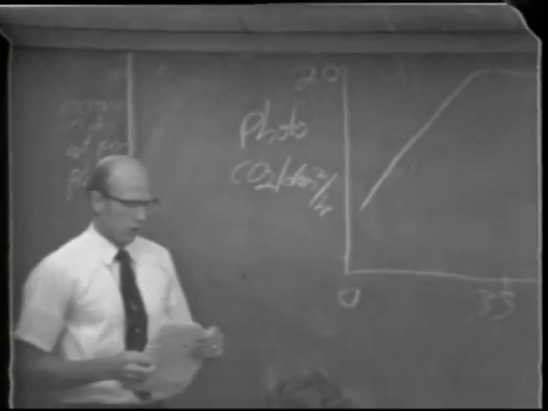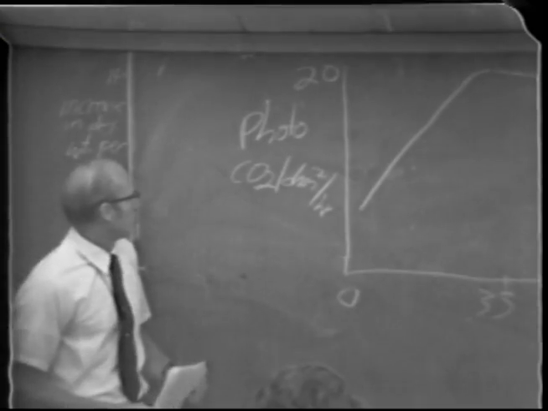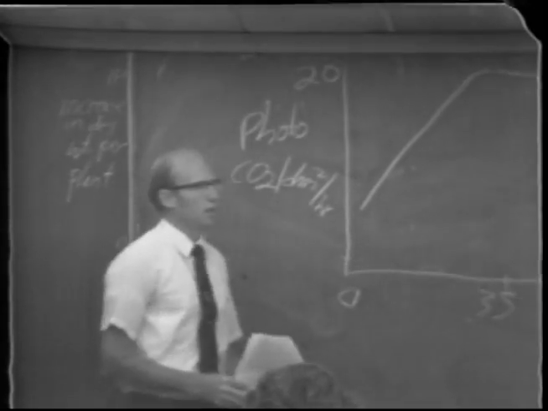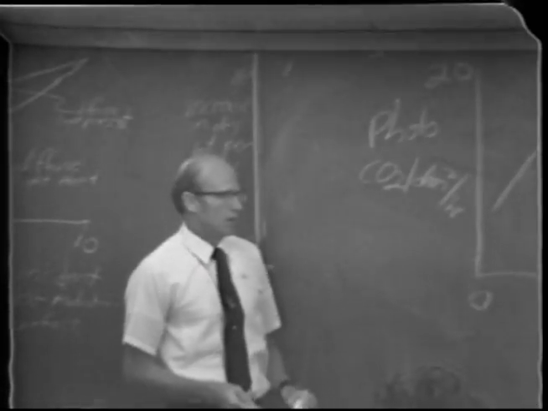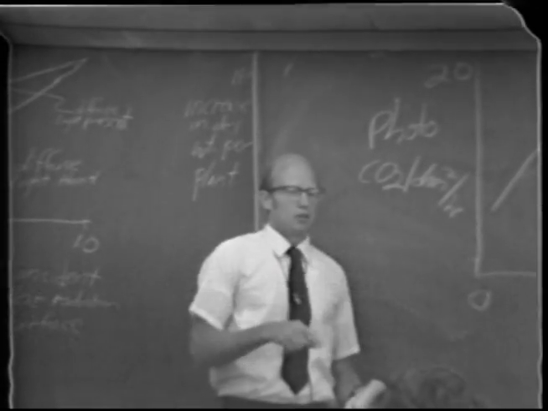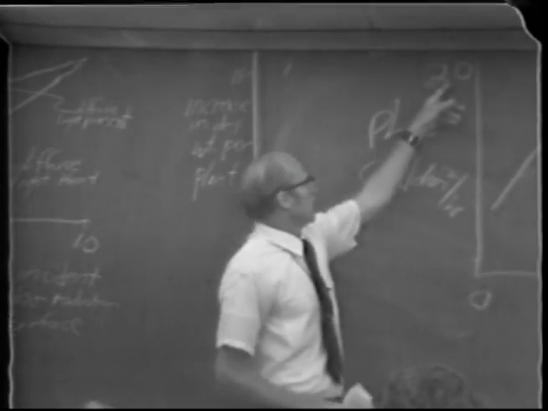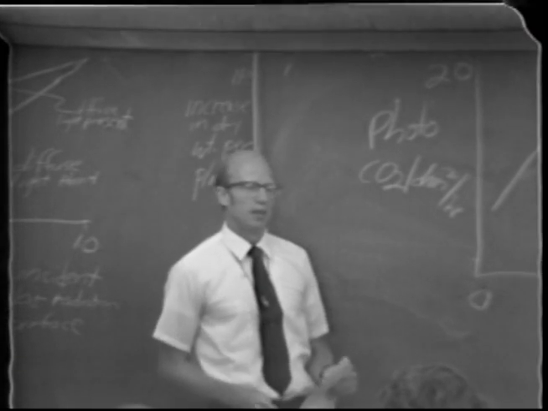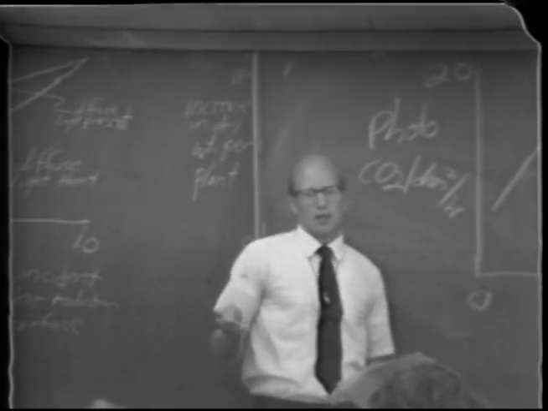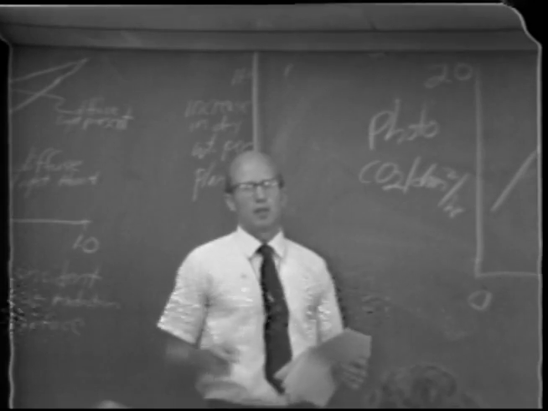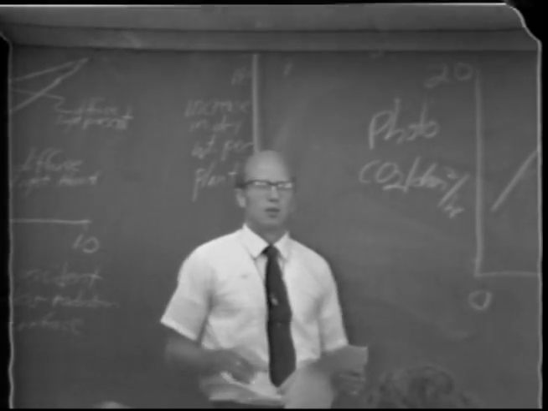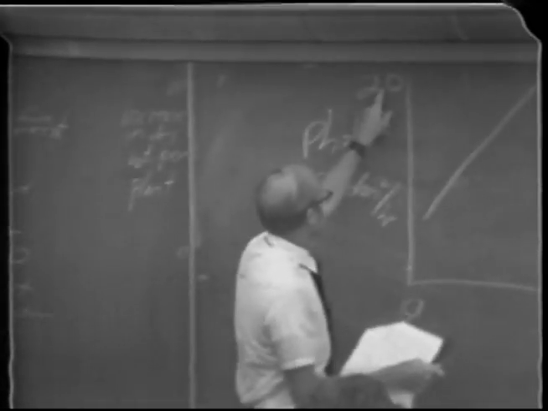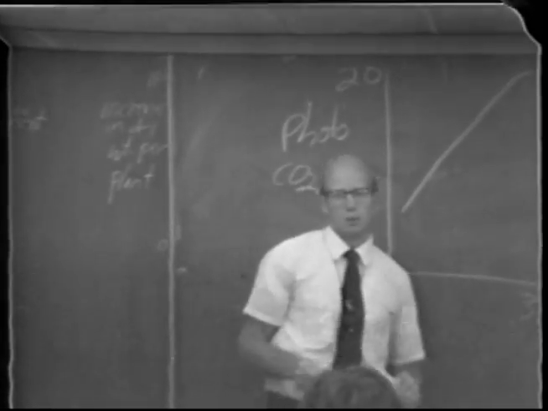Now, one curious thing that has also been noted is that this absolute level changes during the season. In other words, they found that during the months of May and the first part of June, they can reach levels of 20 or so milligrams of CO2 fixed per square decimeter per hour. But later in the season, say a leaf that is 30 days old in August or September, the absolute levels there were only about 10 milligrams of CO2 fixed per hour per square decimeter.